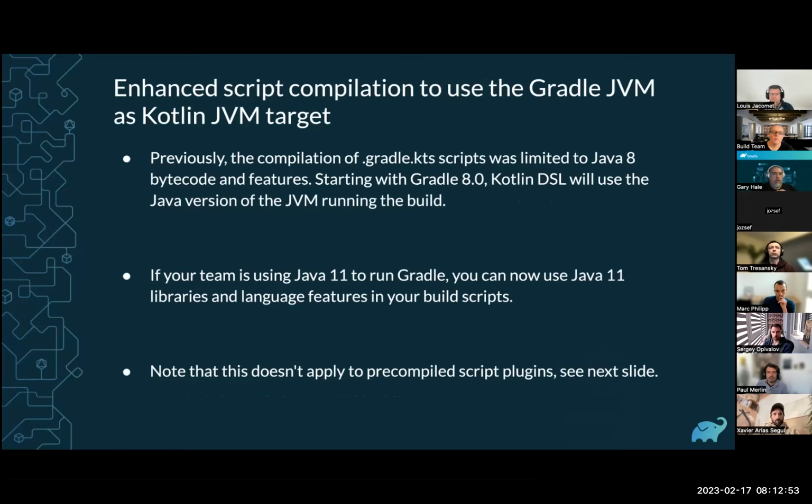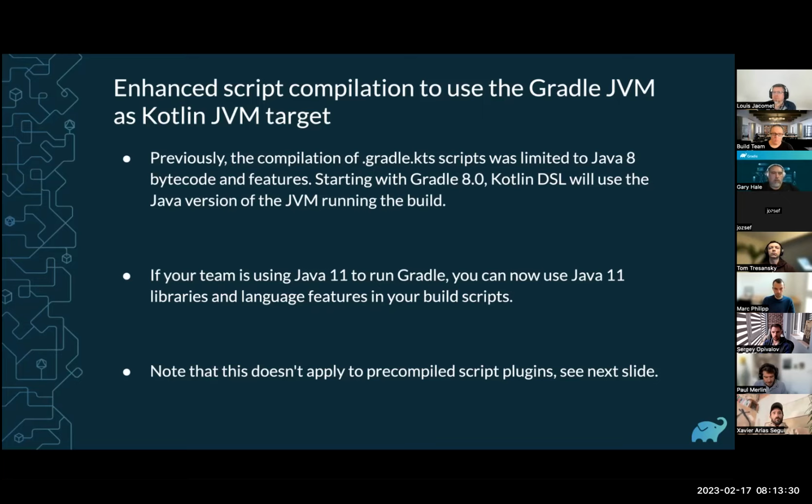Okay, so the next two things are related, and the first one is that we made the script compilation use the JVM you use to run Gradle as the target. Before, we were fixing this to Java 8. And so now, with this change, you can use libraries that leverage more recent Java versions.